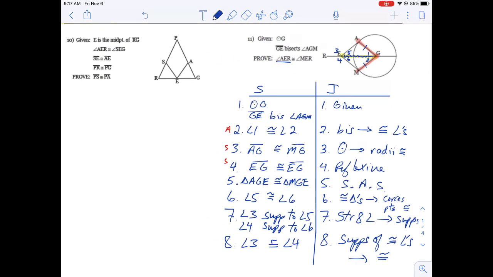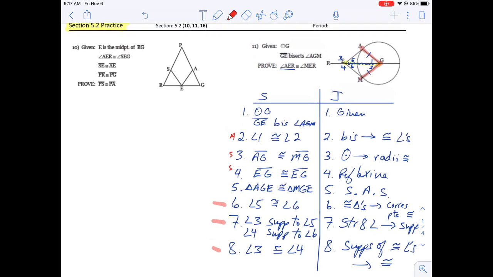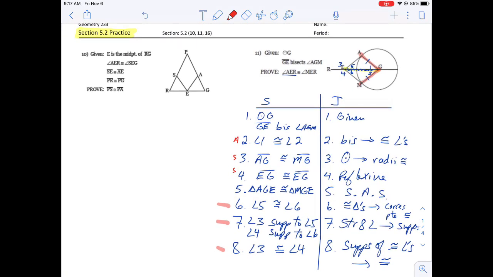So it's an 8-step proof, definitely beyond congruent triangles. Look at the steps. We have 3 steps beyond congruent triangles. So that's what we mean when we say in section 5.2 that we're turning it up. Okay, hopefully that was helpful.